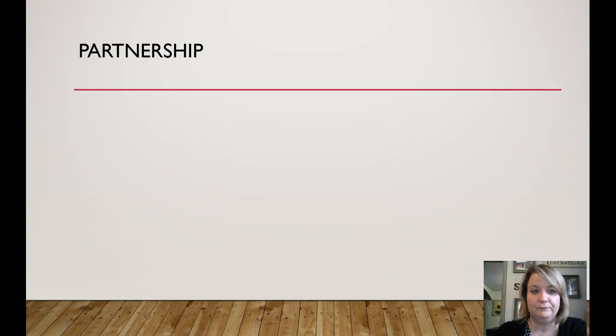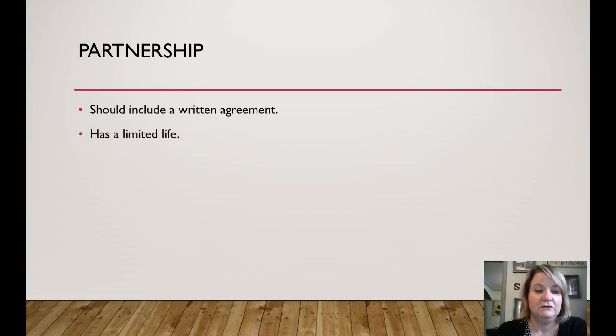Partnership. There should be a written agreement. It will have a limited life. It's a mutual agency. There is unlimited liability to the partners.